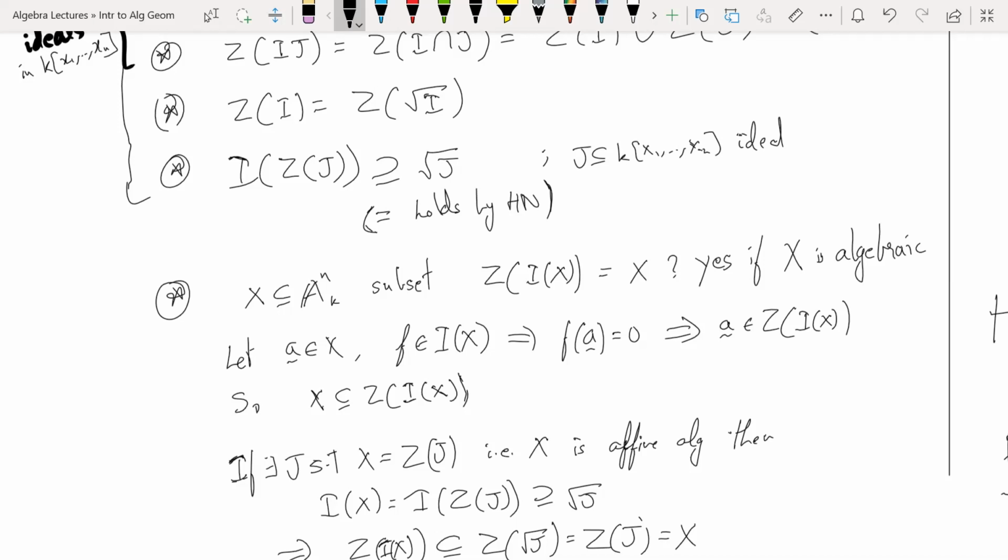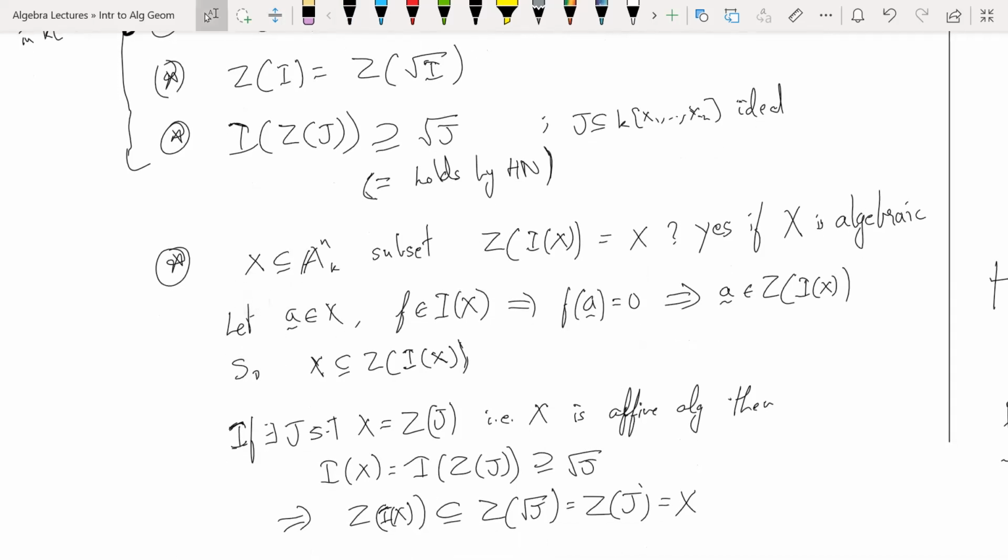X is an algebraic set means there exists J such that X is equal to the zero set of J. Then what is I of X?